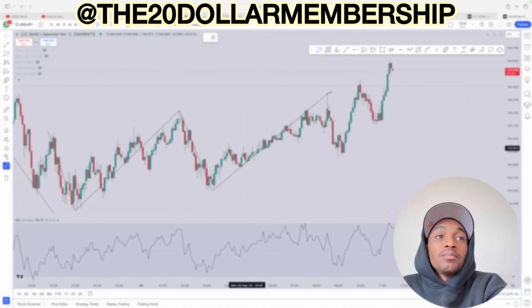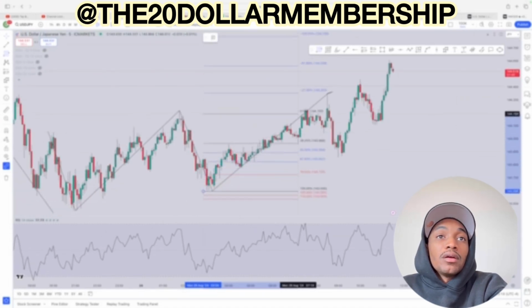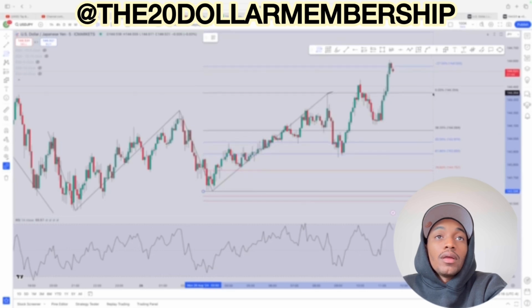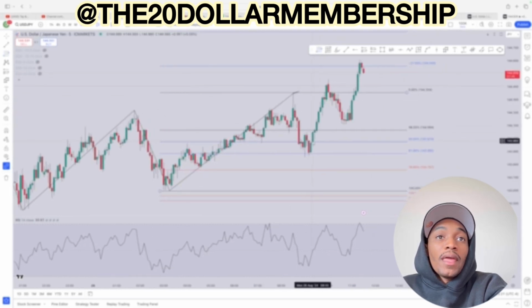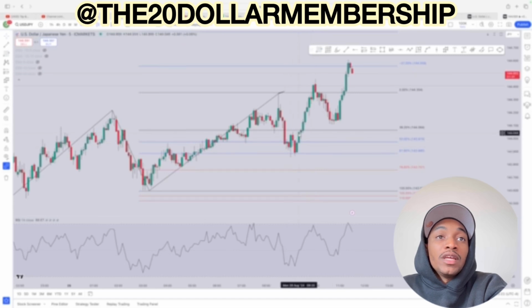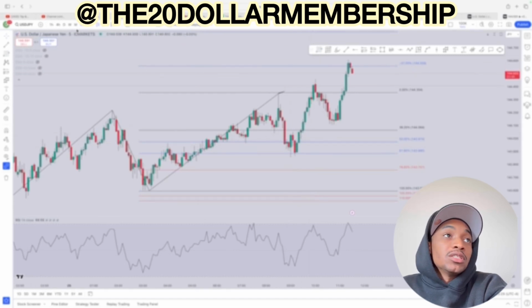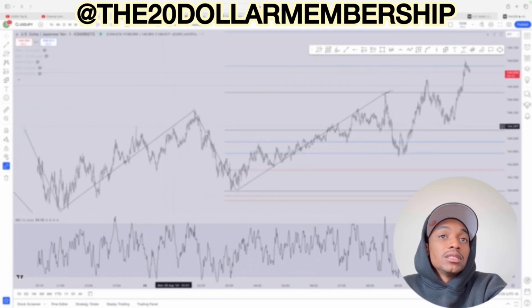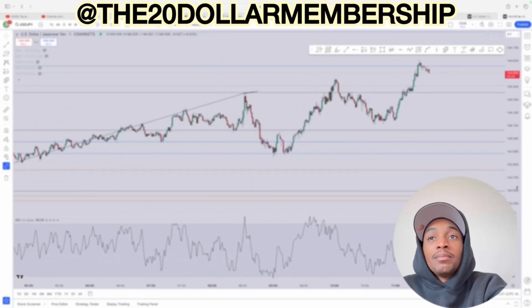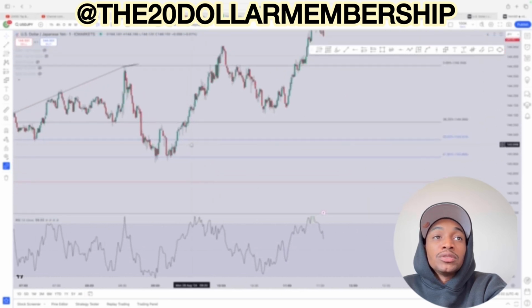I saw this impulse move and all I did was wait for a bullish engulfing in this area. If I zoom into the 1-minute chart, we were right here. Not a bullish engulfing, but this structure changed right here on the 1 minute.